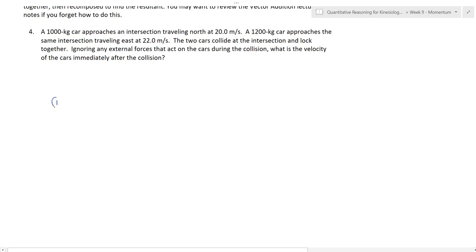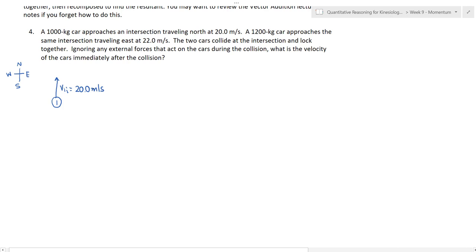So we have a car. Let's say car is object 1, and it's traveling north. So this is north, east, south, west. It's traveling north, so I'm going to say V1 initial is 20 meters per second.